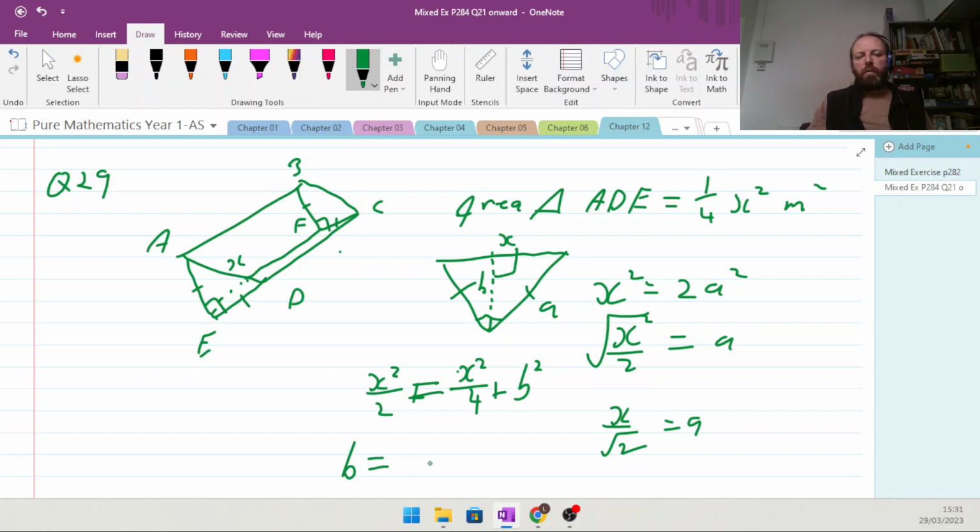Half minus a quarter is a quarter, so b is x over 2.